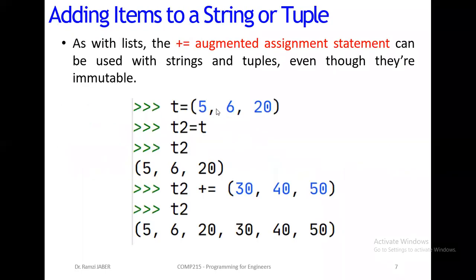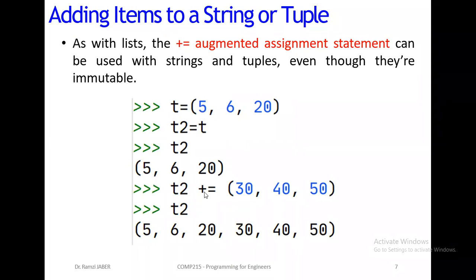Now, we can also use the plus equal augmented assignment statement, similar to a list. So here, we can use plus equal in a tuple as in a list, the same. If you have t equals 5, 6, 20, and t2 another tuple equal to t, so it's cloning, t2 equals 5, 6, 20.